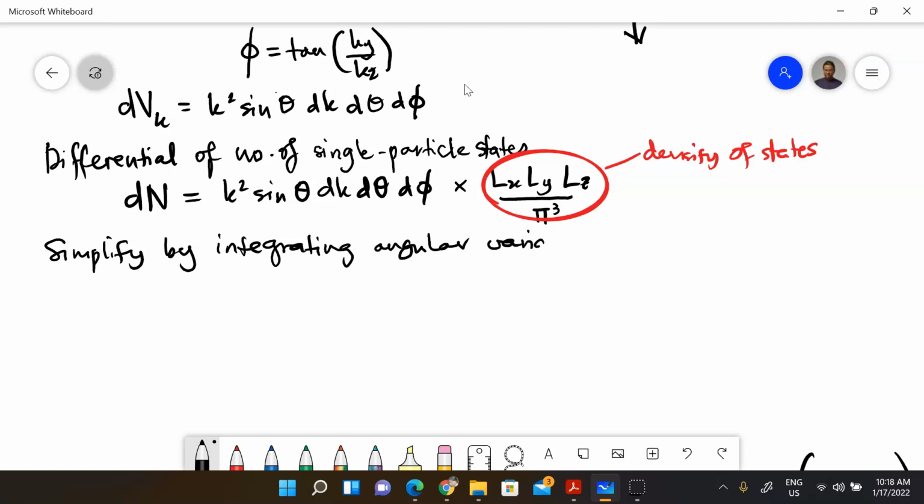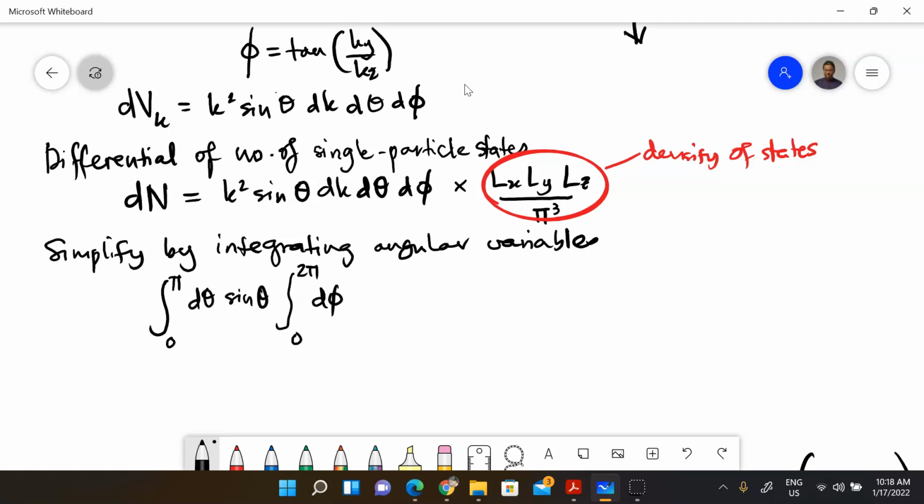Forget about dk, we just concentrate on the d theta and d phi. If you want to integrate theta, it will be from 0 to pi. So this is the integral of d theta sine theta times the integral of d phi from 0 to 2 pi.